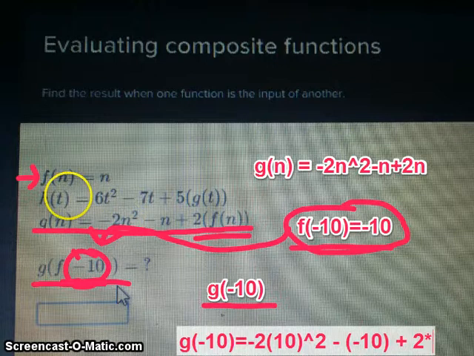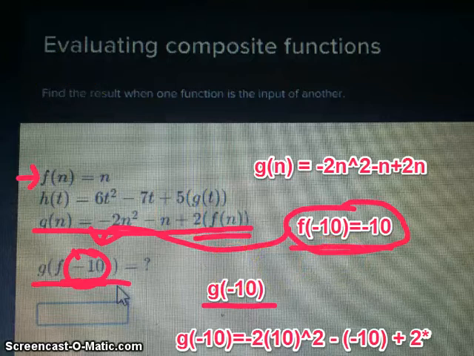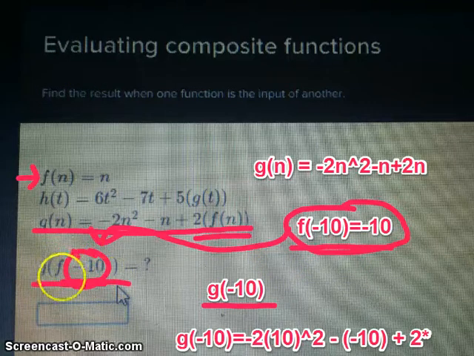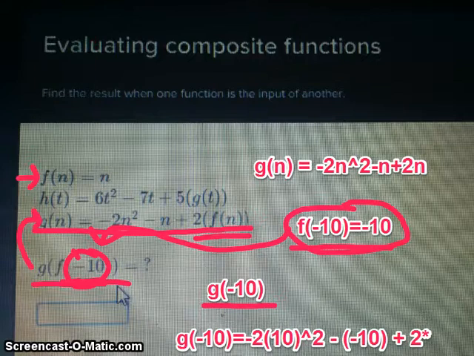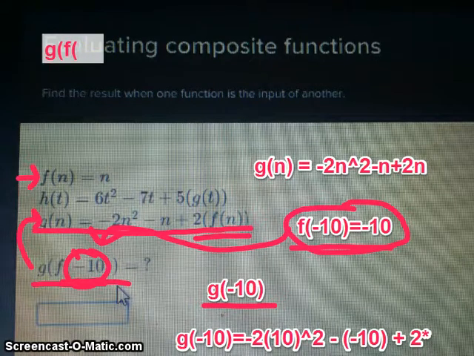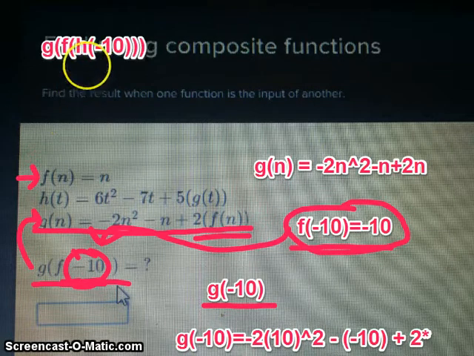So the take-home message of these type of problems is that you should always work your way inside out, because that's the way that's going to allow you to plug in the values on the inside of the parentheses, so you'll know what to plug in for the function g. So if, for example, it gave you g of f of h of negative 10, you would start by evaluating h of negative 10.